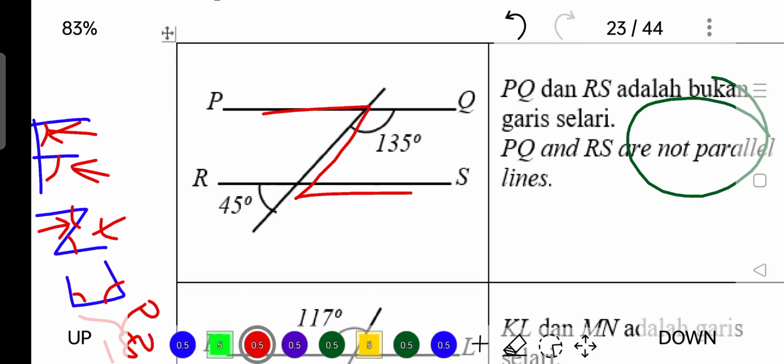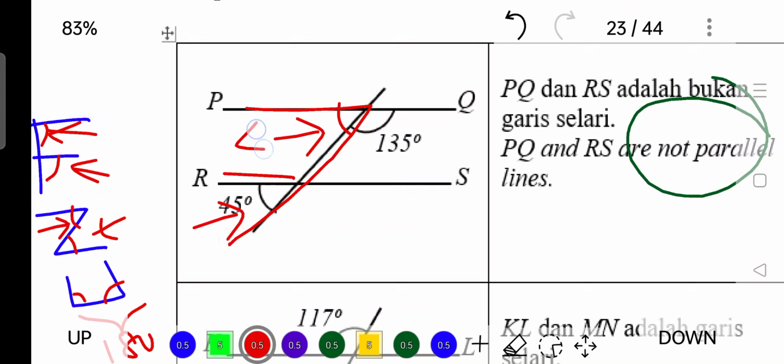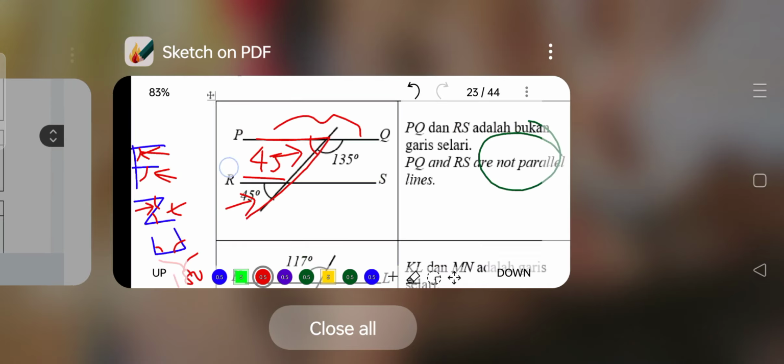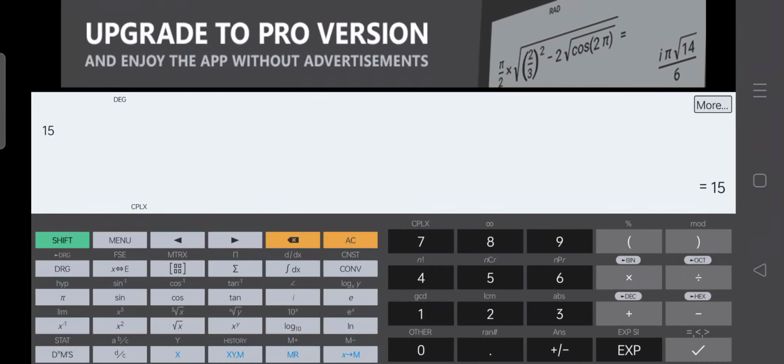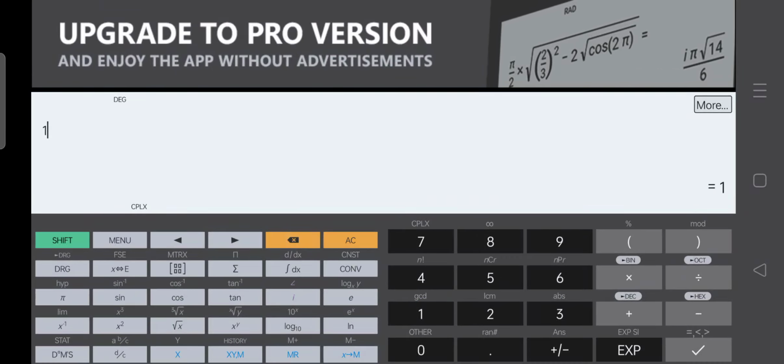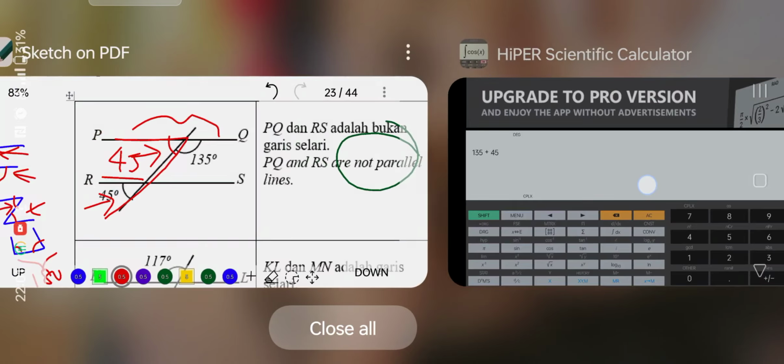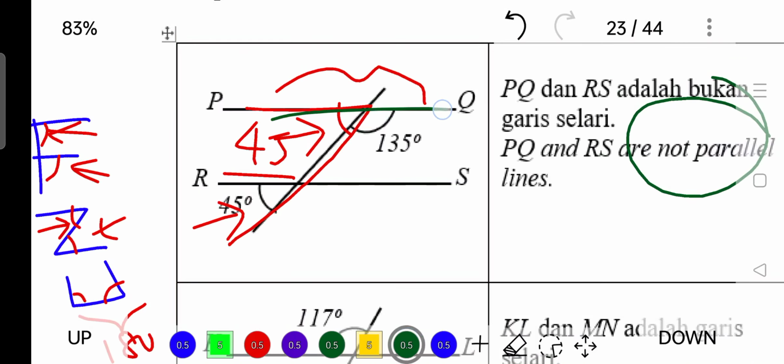If I choose F, this will be this 45, right? So if I check 135 and 45, I should get 135 plus 45, I should get 180, because they are in a straight line.